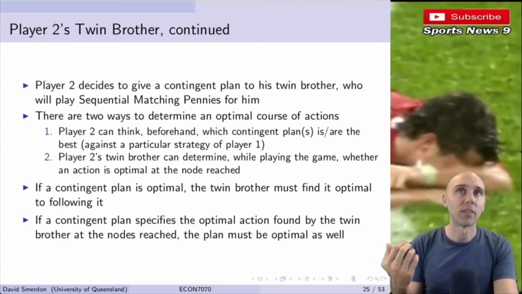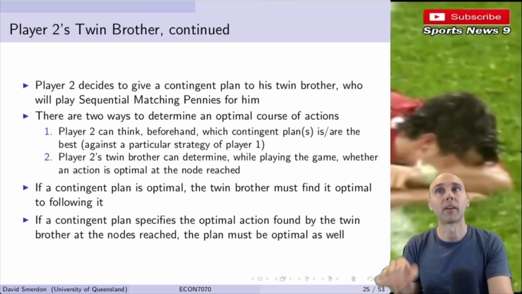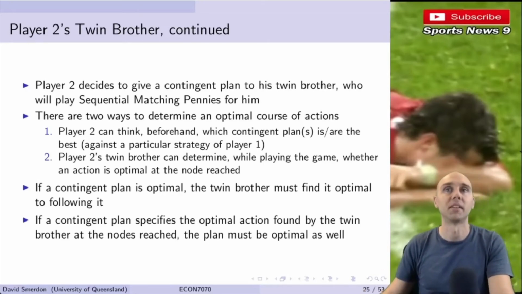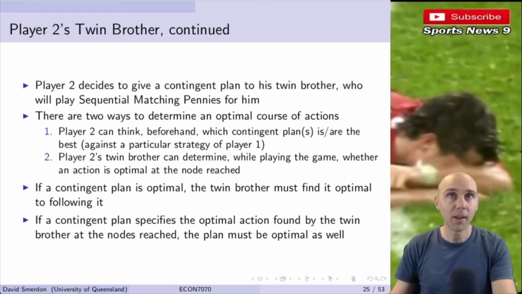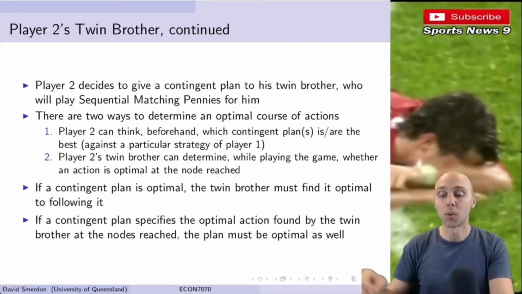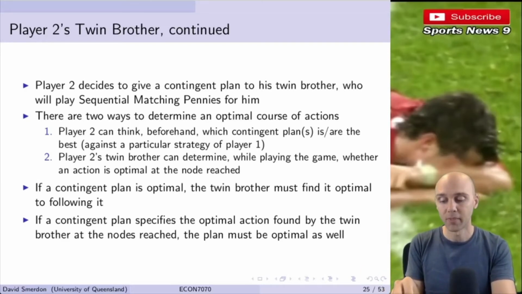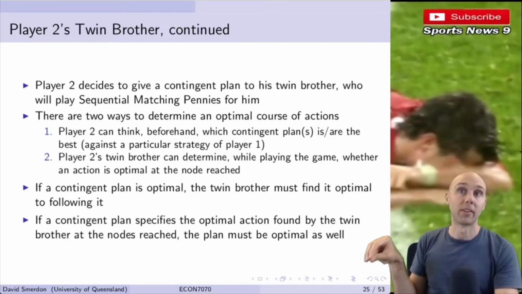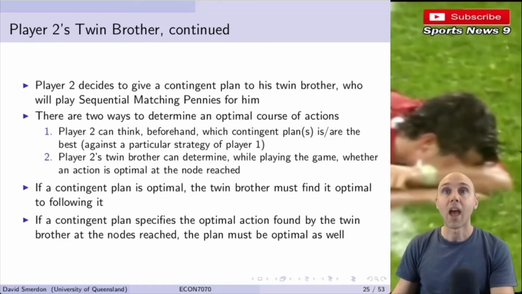The second way to think about it, well, player 2's twin brother can determine during the game, while it's going, whether or not an action is optimal when he reaches a decision. Now, if a contingent plan is the optimal one, the twin brother must also find it optimal. So if the twin brother reaches a decision point, sees I have 2 options, can see which one is best, it must match what the brother gave him in the first place, and vice versa.